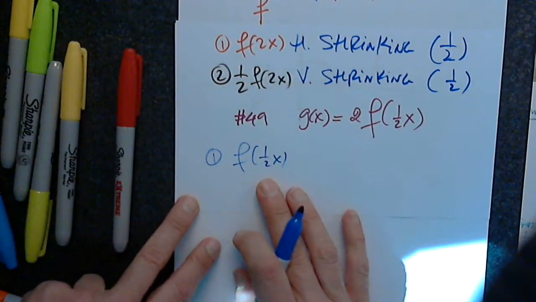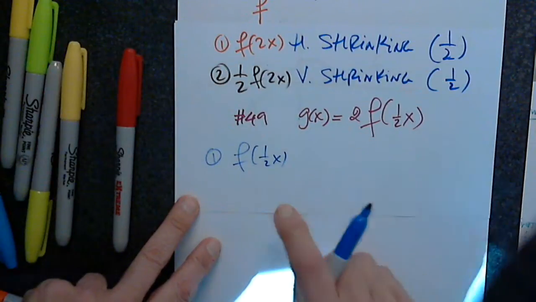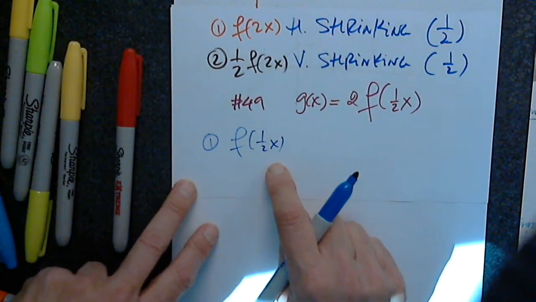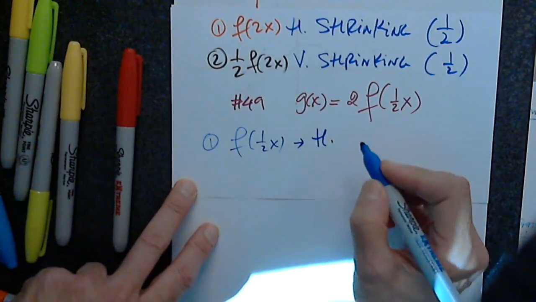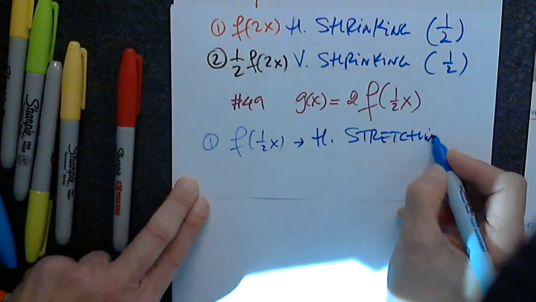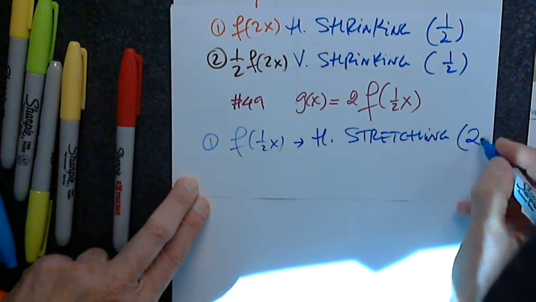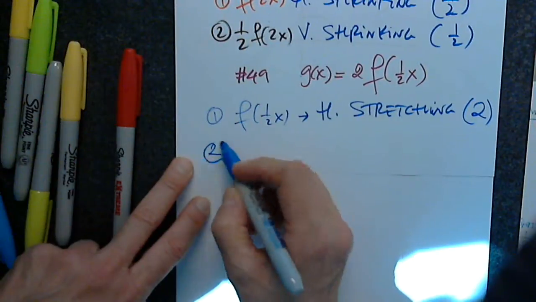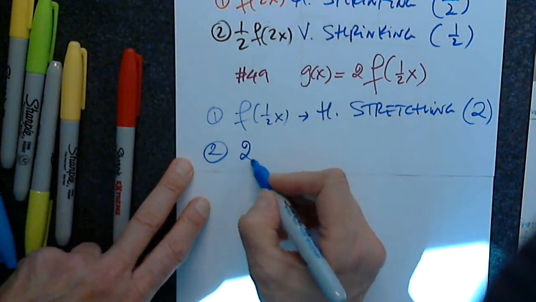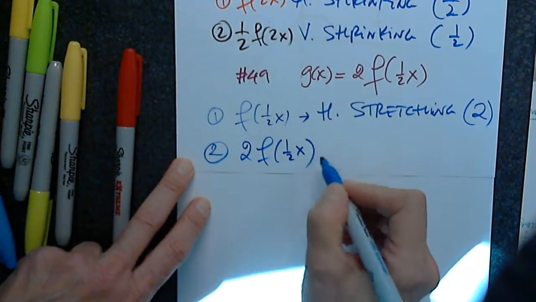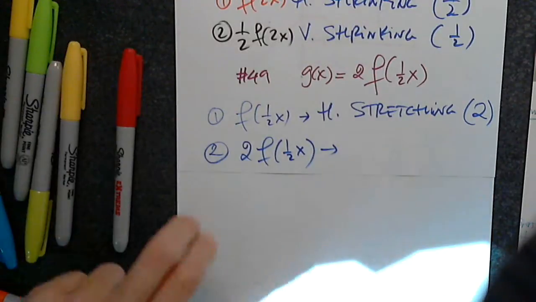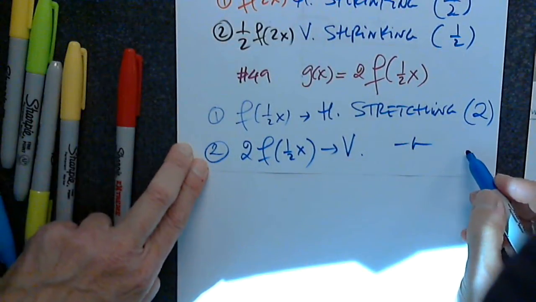So what will this do to the graph of f when I change x into 1/2 x? Exactly. So this will be a horizontal stretching by a factor of 2. And then the next one will be the transformation on the first one. So it's the 2 outside. What will that do? Yes, which is a vertical stretching by a factor of 2.